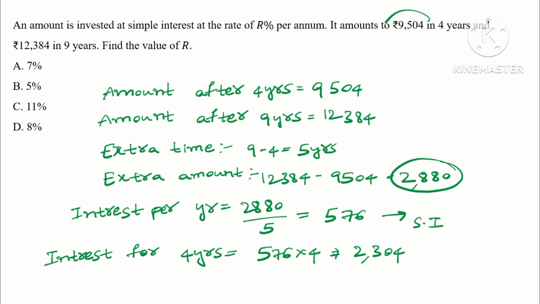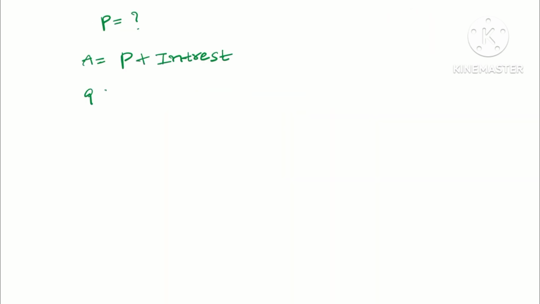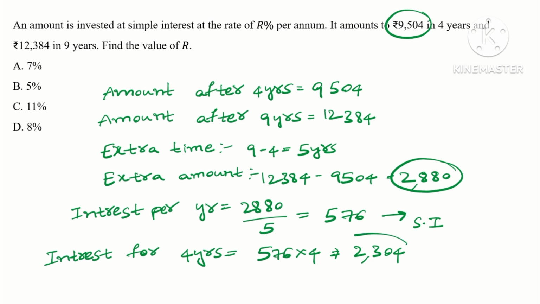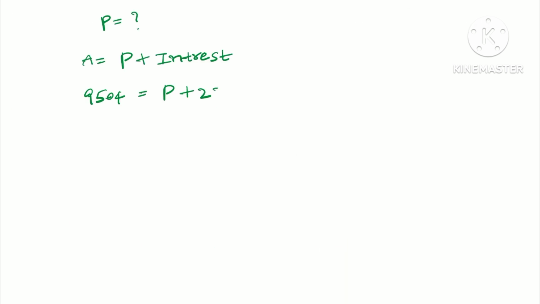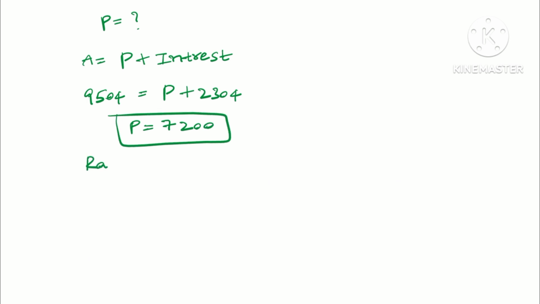Here the given amount is 9,504 equals to P plus interest for 4 years is 2,304. So principal amount will be 7,200.